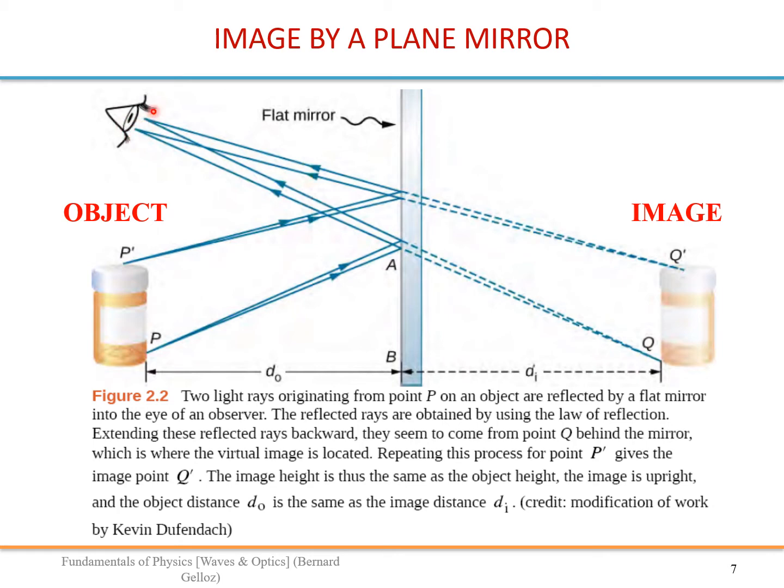Okay, what you see. So what are the rays that actually intersect your eye? We can find them using the property of reflection.